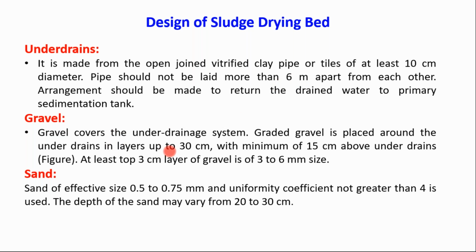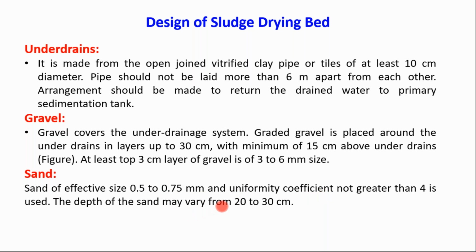So these are the technical and dimensional specifications, that is 10 centimeter diameter and 6 meter apart from each other. Then gravels, we already discussed, different layers may be there. Layers up to 30 centimeters, that is graded gravel, minimum 15 centimeter above under drain. Then at the top, a 3 centimeter layer of gravel of 3 to 6 mm size, and then sand is effective when the size is between 0.5 to 0.75 mm, and a uniformity coefficient not greater than 4 is used.